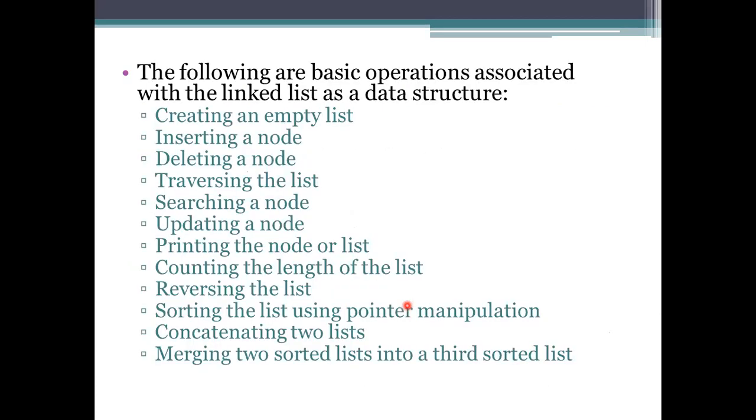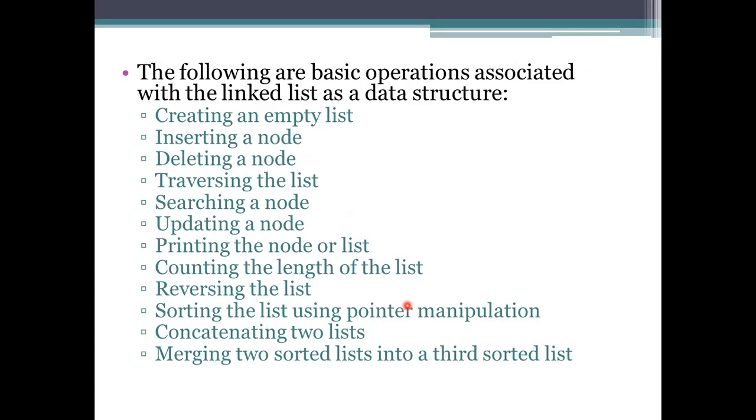And these are the operations, or the actions to be performed on that one. Here we first create an empty list, and we may insert a node or delete a node for the processing. To know the elements which have been inserted, we need to traverse the list and you can search for the node. And if you want to update the value of any node, updation will be done.